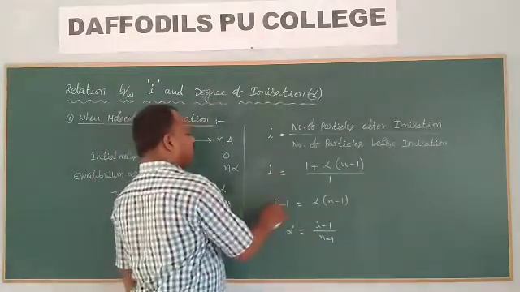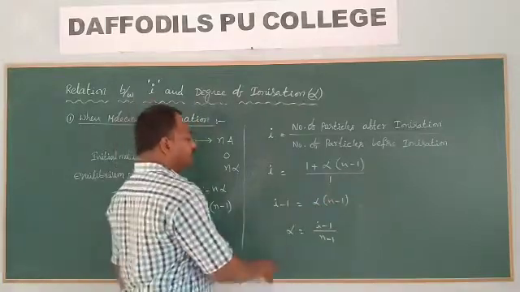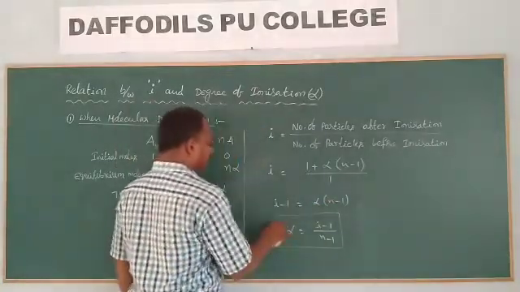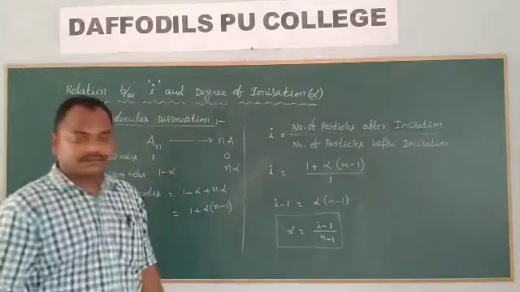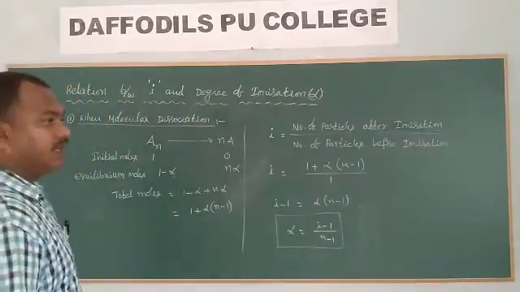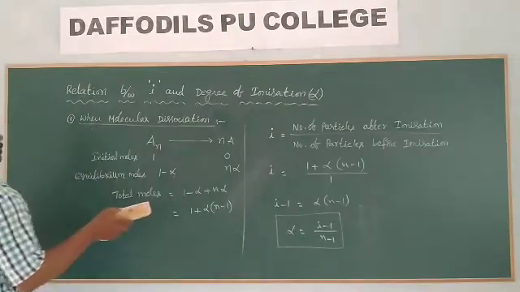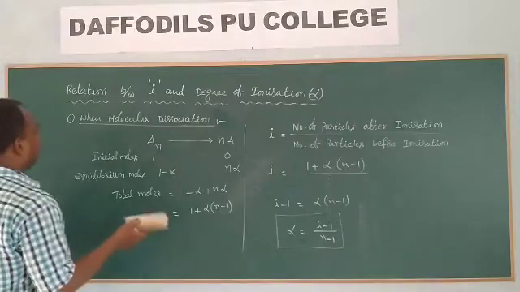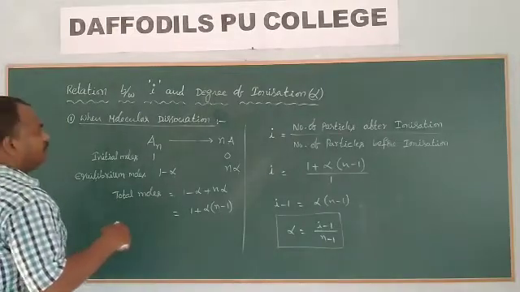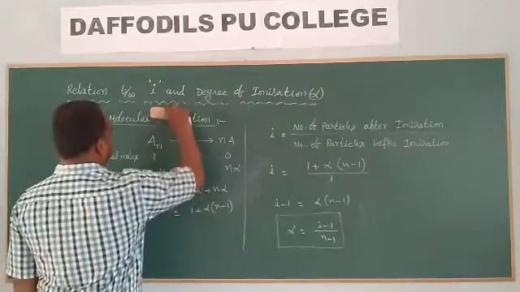So i minus 1 is equal to alpha into (n minus 1), and alpha is equal to (i minus 1) by (n minus 1). So this is the relationship between i and molecular dissociation. Now we are going to discuss the second factor, where molecular association is taking place.